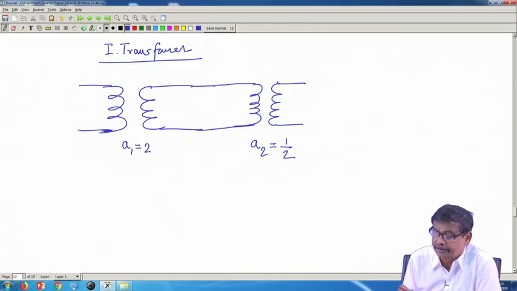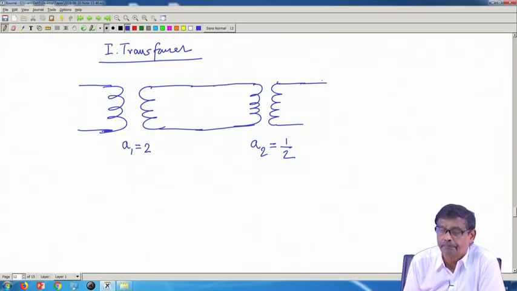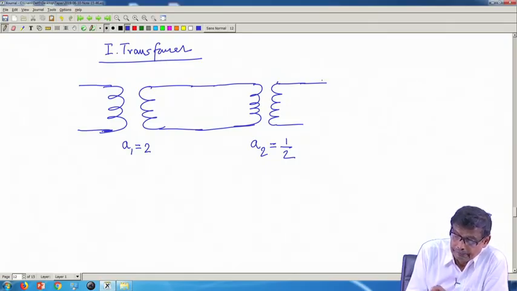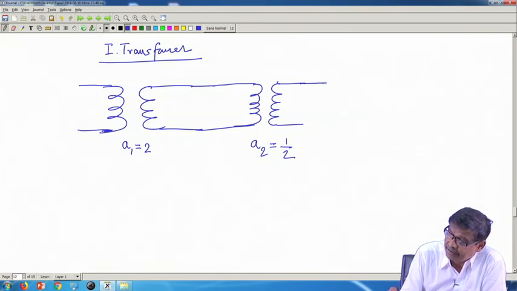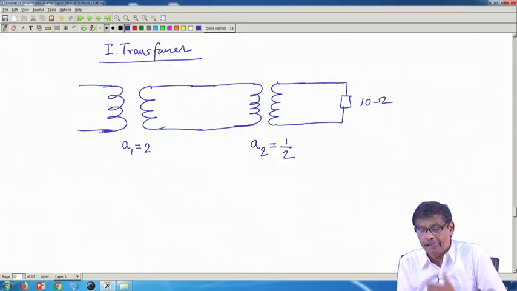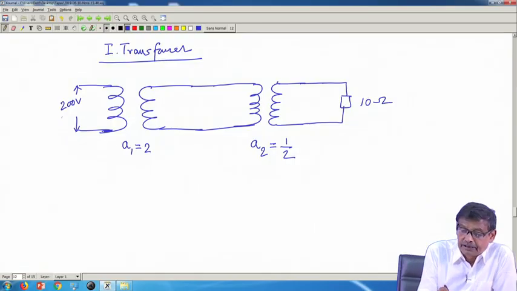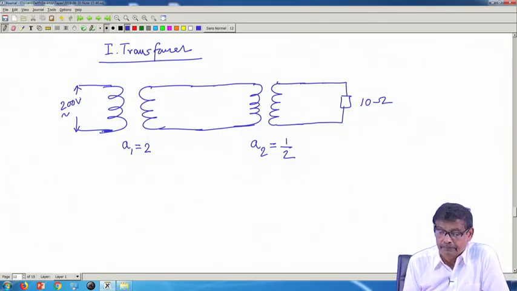Suppose somebody has connected like this. And he has connected an impedance here on this side, 10 ohm, and suppose you have connected a 200 volt 50 hertz source here, 200 volt AC RMS.